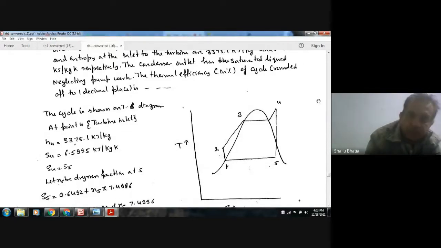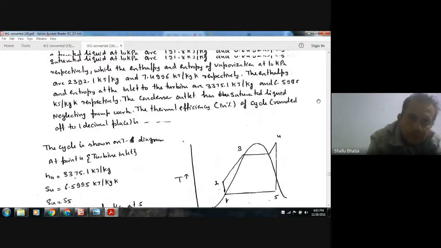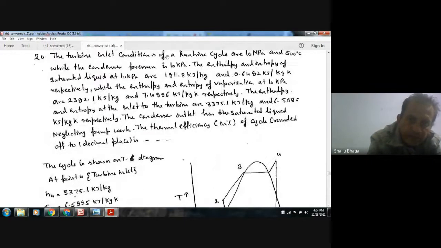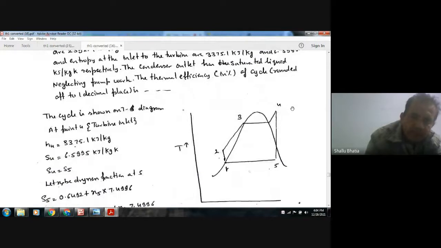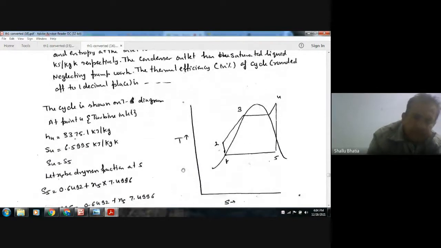So H4 is given: the highest pressure is 10 MPa, and the enthalpy at 10 MPa and 500 degrees Celsius is 3375, and entropy is this. Now equating the entropy at 4 and 5, you can find the dryness fraction.